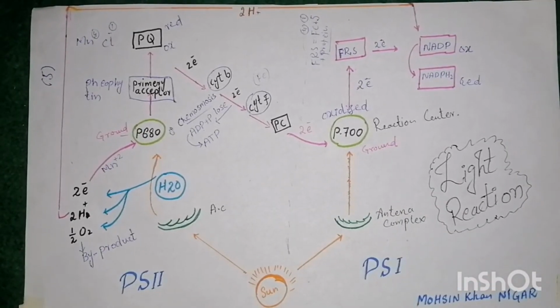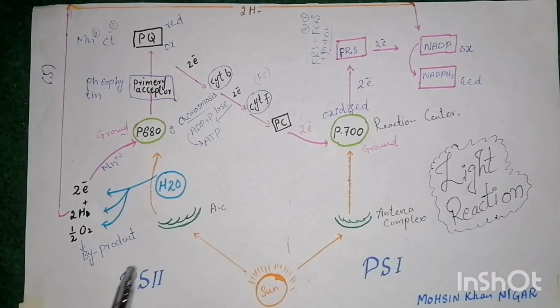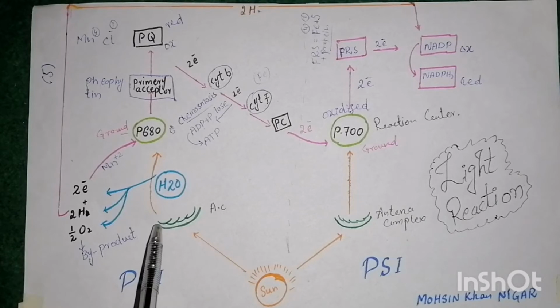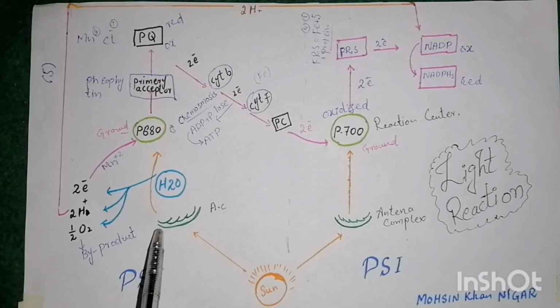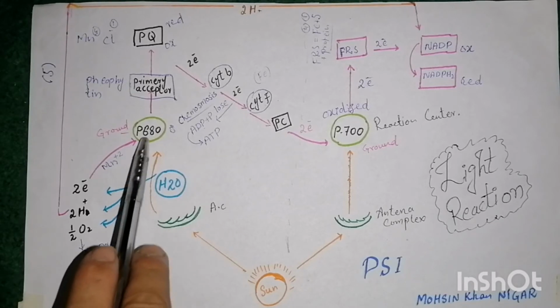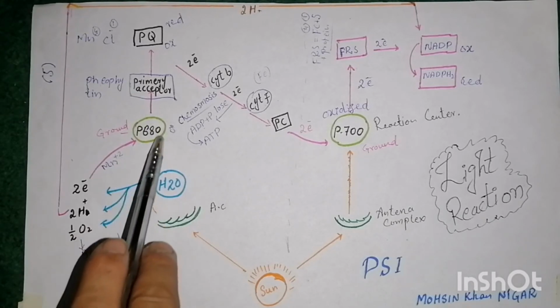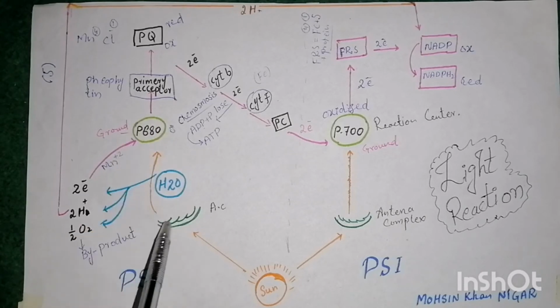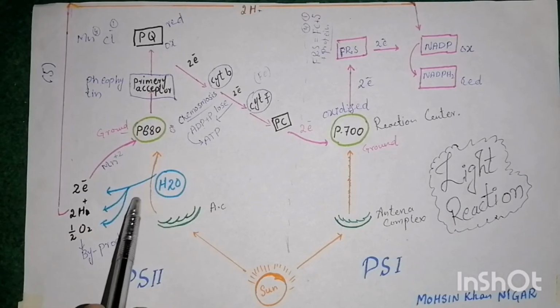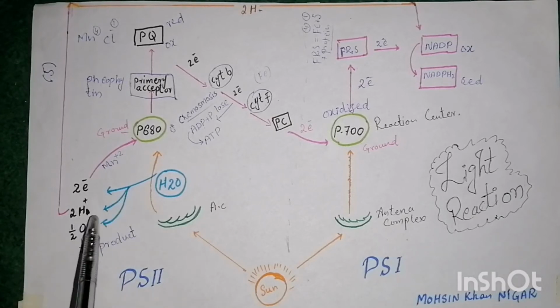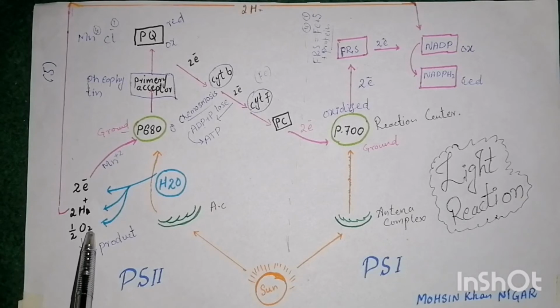So let's talk about the mechanism of light reaction. First of all, the chlorophyll of PS2 is activated by light energy. Before entering the chlorophyll, the light strikes the water molecule, and the water molecule is split into two electrons, two protons, and oxygen as a byproduct.